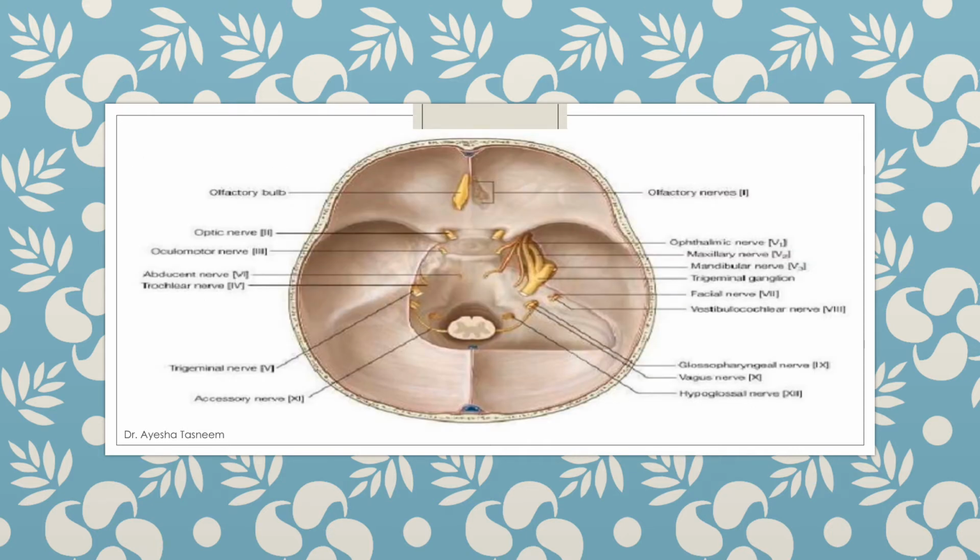Here you can see the location of the glossopharyngeal nerve. This is the glossopharyngeal nerve present in the petrous part of the temporal bone, passing through the jugular foramen. As we have already discussed that it is separated from 10th and 11th cranial nerve by inferior petrosal sinus.